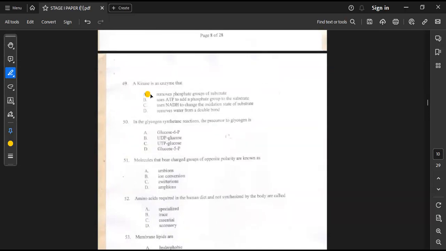Yes, that uses ATP. Because for removing phosphate, we had seen it's phosphatase. So the answer is B. Yes.